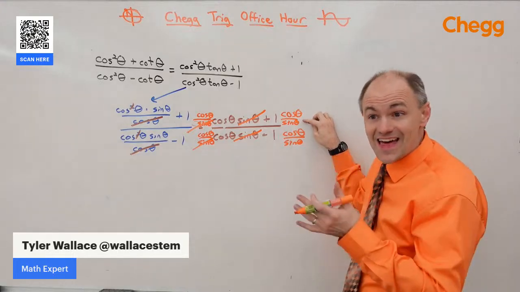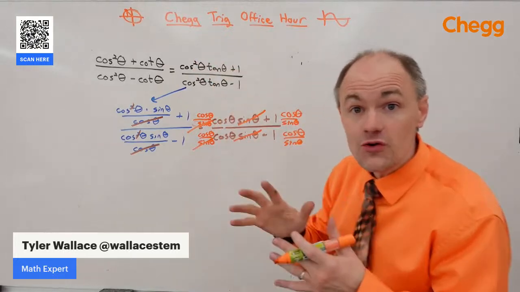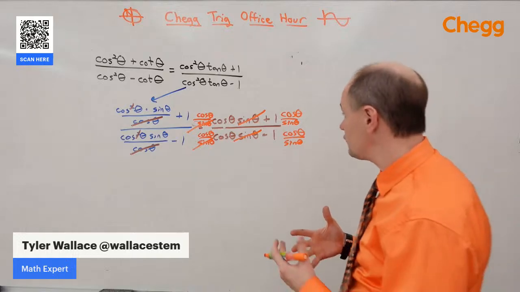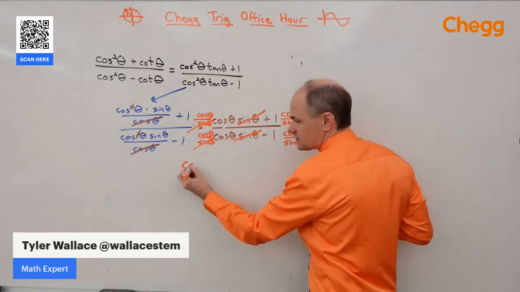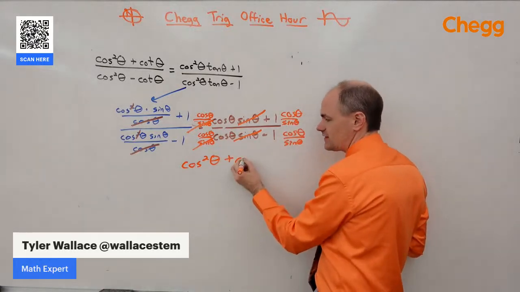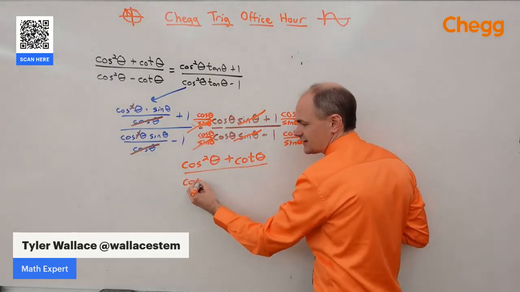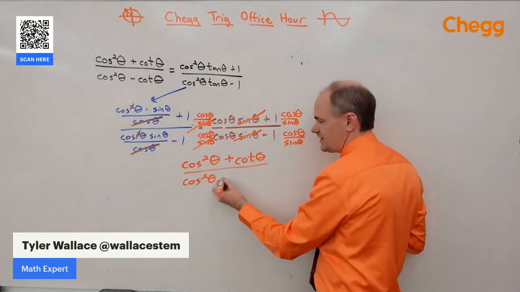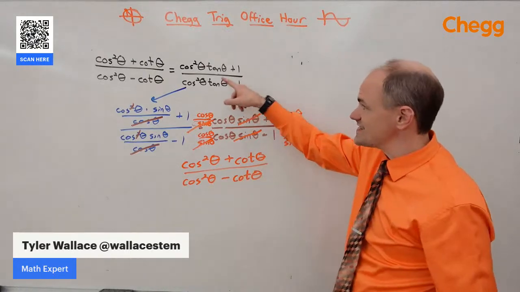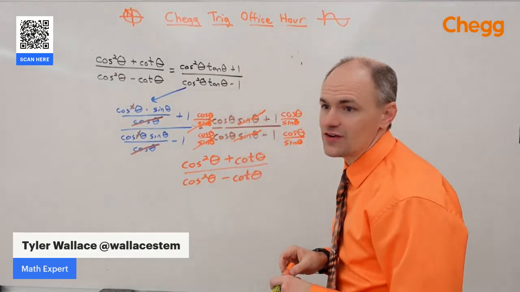Cosine over sine, that is the cotangent. And what do we want on the right side? We want the cotangent. We actually accidentally built exactly what we were looking for. So cosine times cosine is cosine squared, plus cosine over sine, that's cotangent, over cosine times cosine is cosine squared, minus cosine over sine, that's cotangent, which is exactly what we're trying to prove, what we're trying to get on the other side.